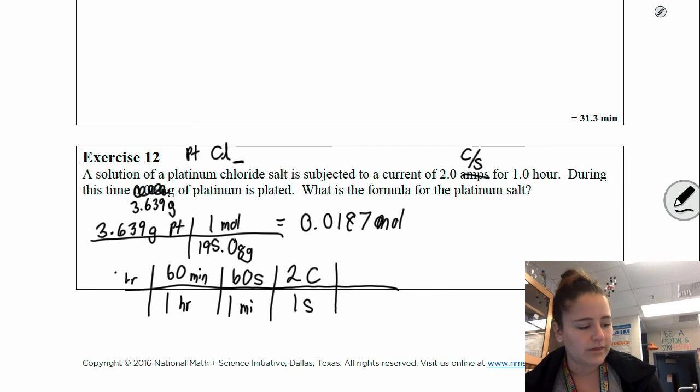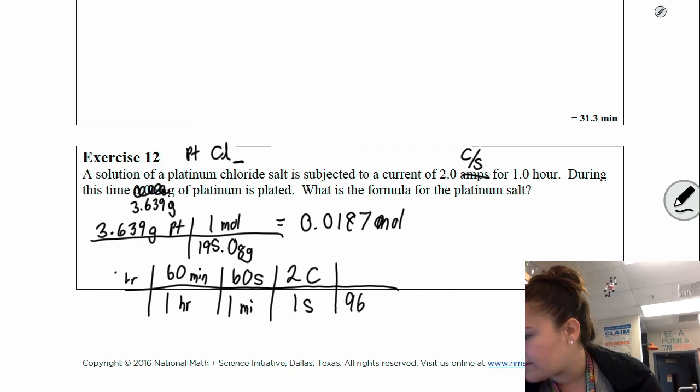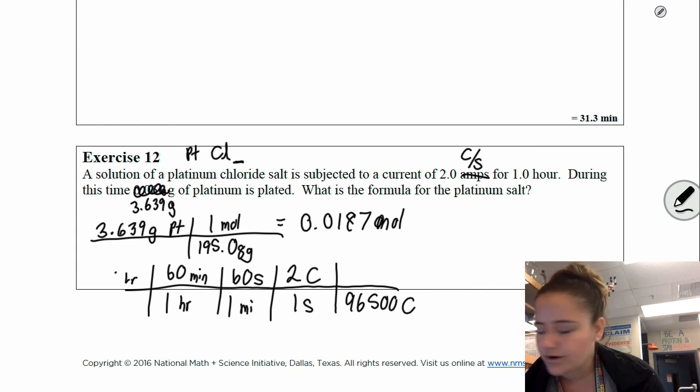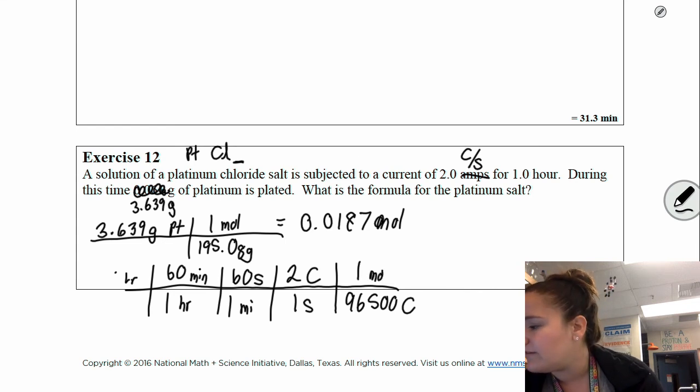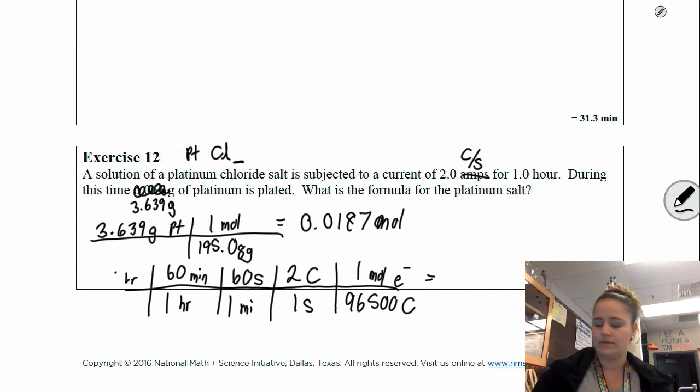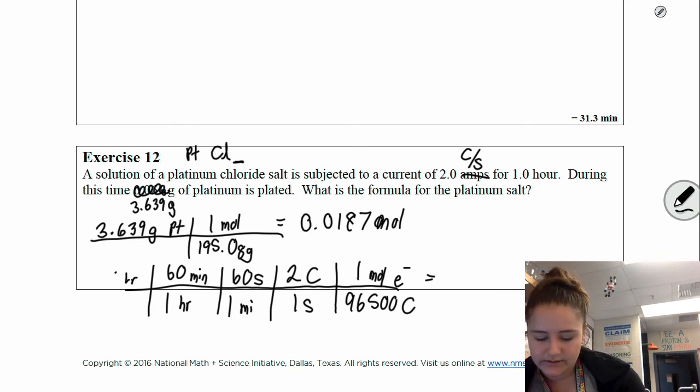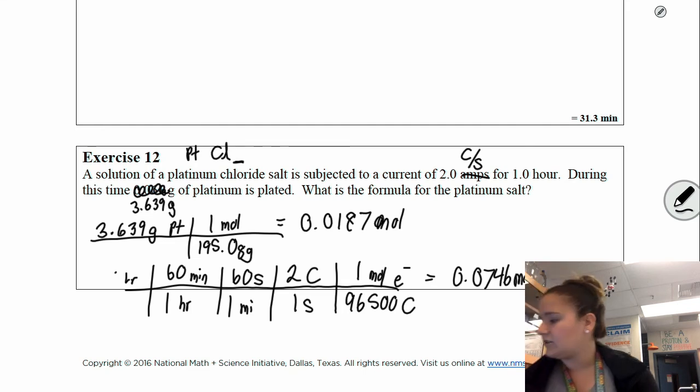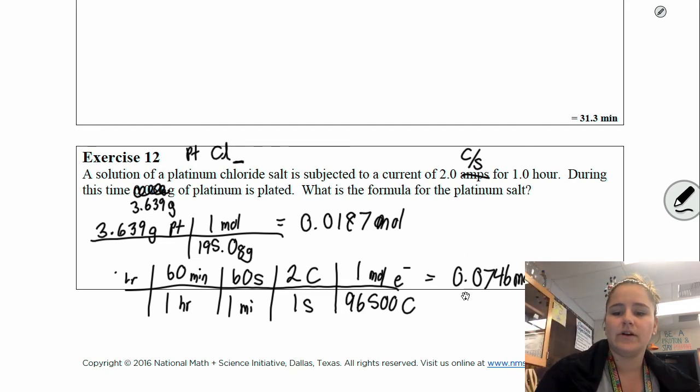And 96,500 coulombs are 1 mole of electrons. So 1 hour times 60 minutes times 60 seconds times 2 divided by 96,500, and when I solve that out, I get 0.0746 moles of electrons.